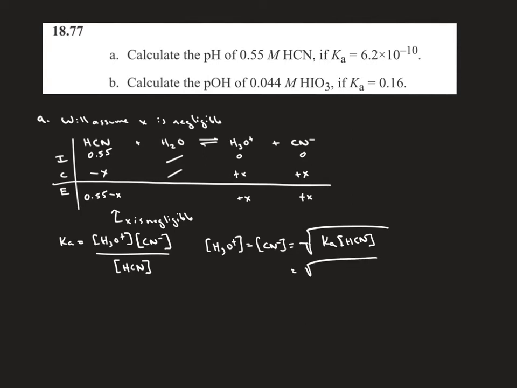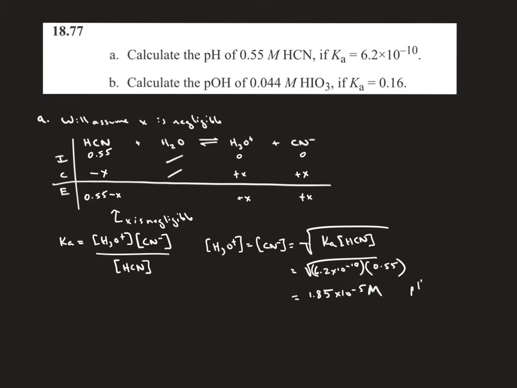So that's just simply going to be the square root of, and then Ka here was 6.2 times 10 to the negative 10th, and the acid's initial concentration was 0.55. Plugging that into the calculator, square root of 6.2 times 10 to the negative 10th times 0.55. This is 1.85 times 10 to the negative 5th molar.